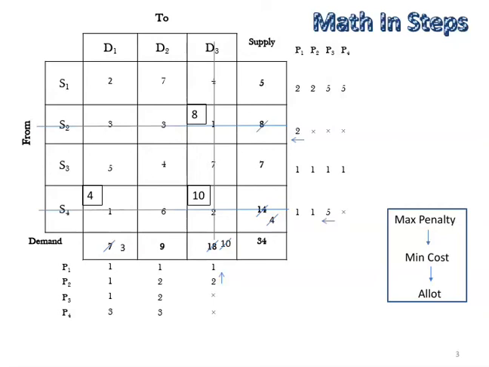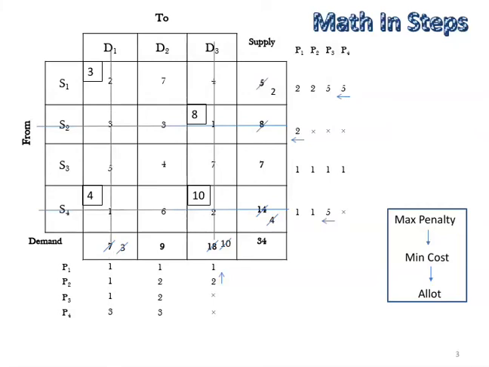So we'll be allotting 3 here. Allotting 3 to this, the demand of D1 will be complete, whereas the supply of S1 after giving 3 units, 2 units will be left. Now as the demand of D1 is over, we'll cancel the D1 column.